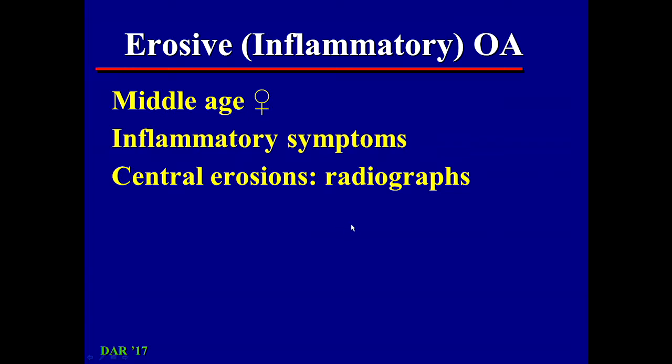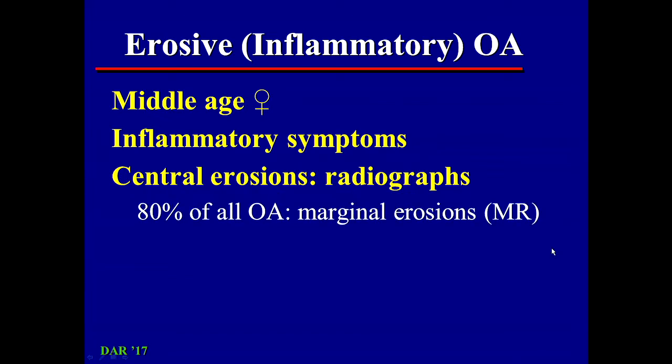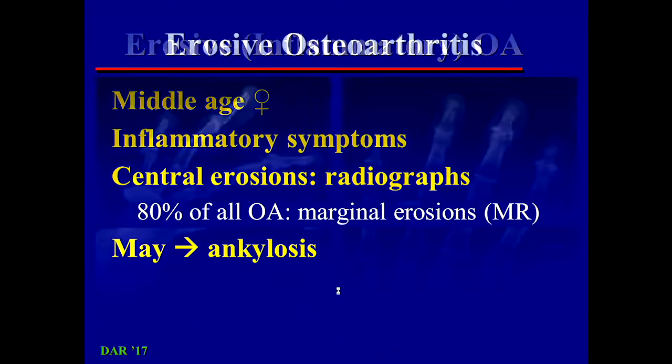Now, classically, it's said that these patients have central erosions radiographically, and that is true. However, if you look at MR or ultrasound, 80% of patients with osteoarthritis, all patients, not just those with erosive osteoarthritis, have typical marginal erosions. They're just too small for us to see radiographically. One condition that this may lead to, though, is ankylosis.